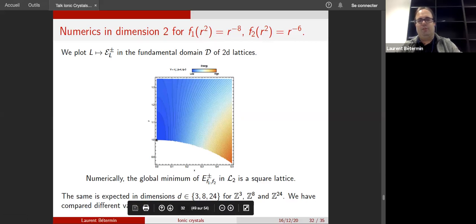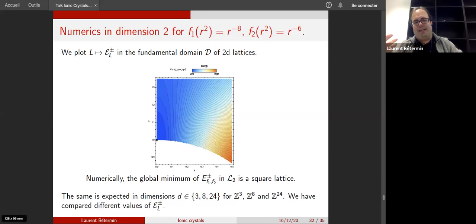It seems to be true, except for some cases that I will explain in a bit. We also did some computations in dimensions 3, 8, 24, and actually in dimensions 8 and 3 more precisely, and we compared different values, and it seemed to be also the case. But of course, we are far from claiming that it's true. Here you can see that it's true. It's not a proof, of course.